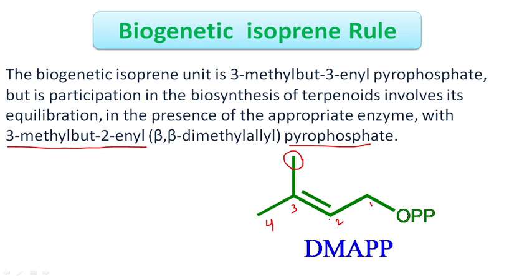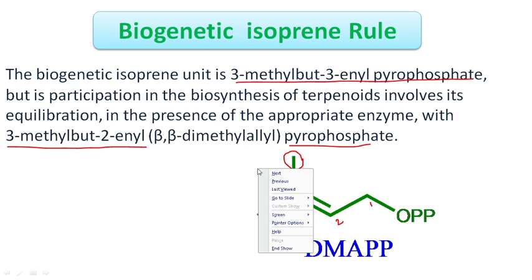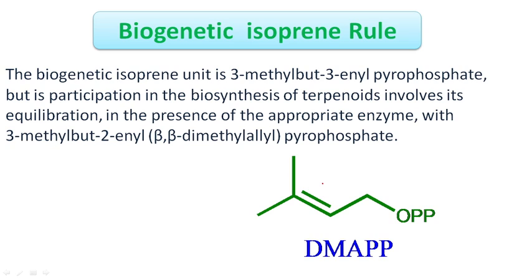At position number 2 there is an alkene. So 3-methylbut-2-enyl pyrophosphate, or beta-beta dimethylallyl pyrophosphate. There must be equal amounts of these two molecules, 3-methylbut-2-enyl pyrophosphate, DMAPP, and 3-methylbut-3-enyl pyrophosphate, IPP. And there must also be the appropriate enzyme to conduct the reaction for the synthesis of terpenoids.